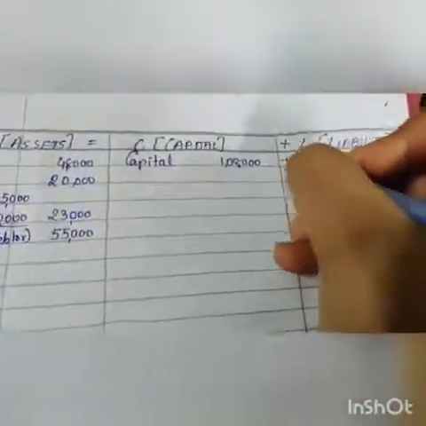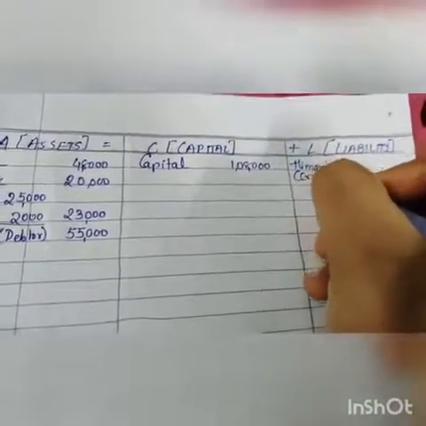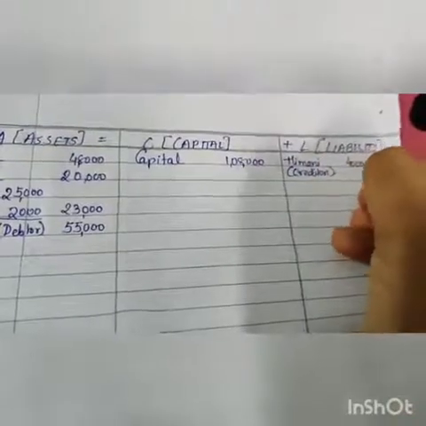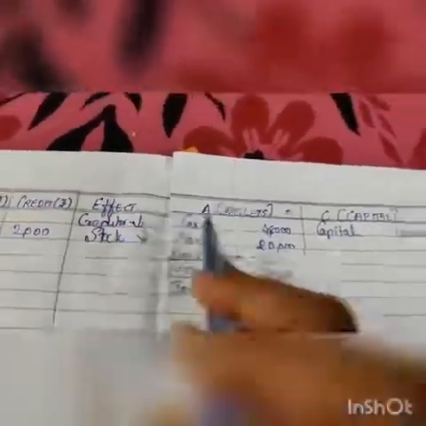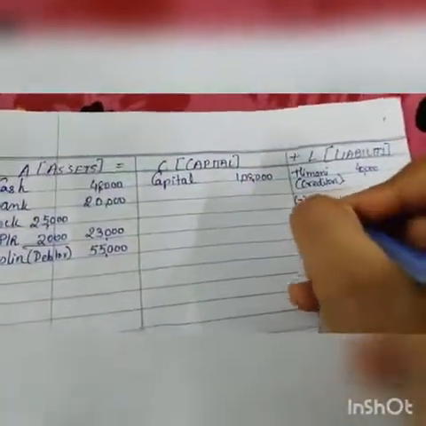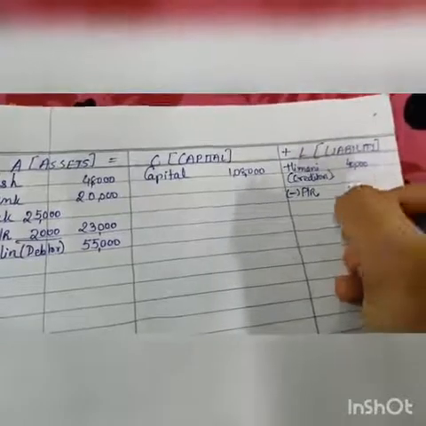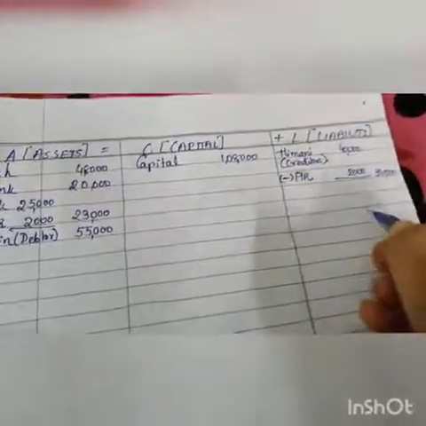So here we will write down Himani and she is a creditor, so 40,000 it was. Now creditors are reducing because there is purchase return. So what you will do, minus purchase return, that is 2,000. So what you will get here, 38,000.